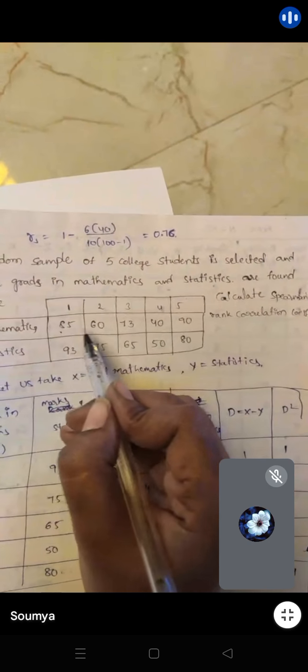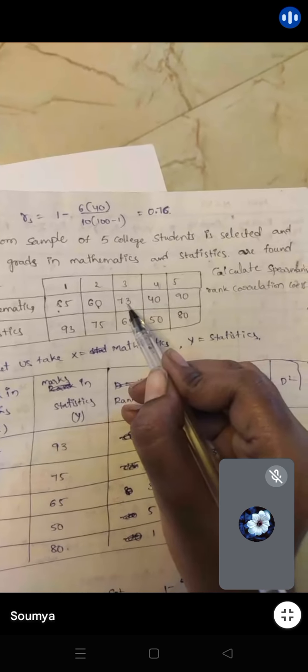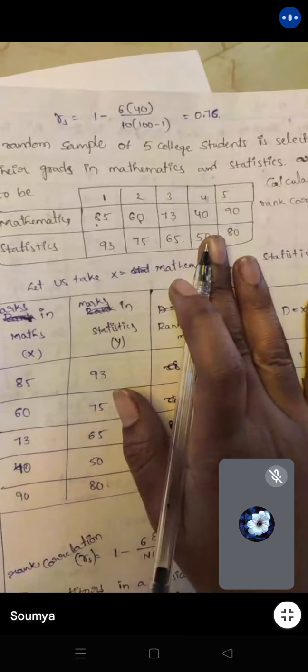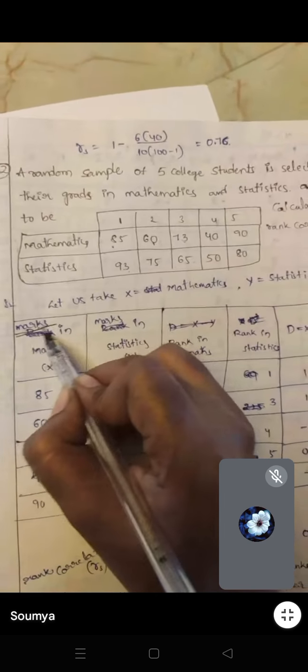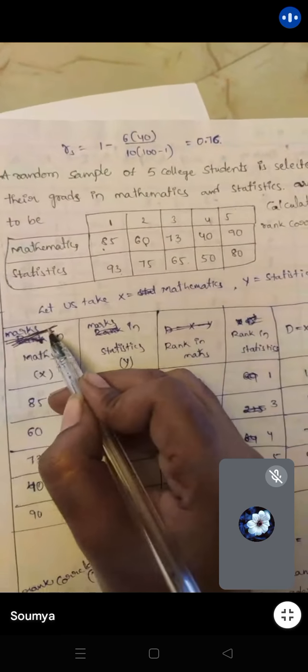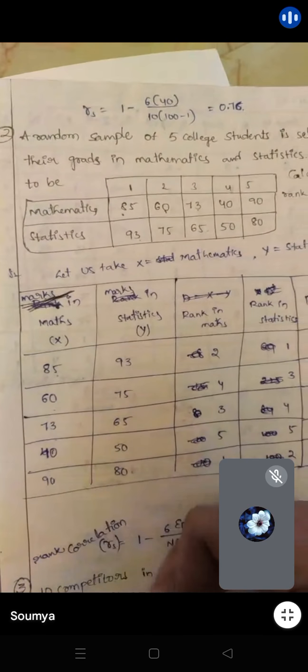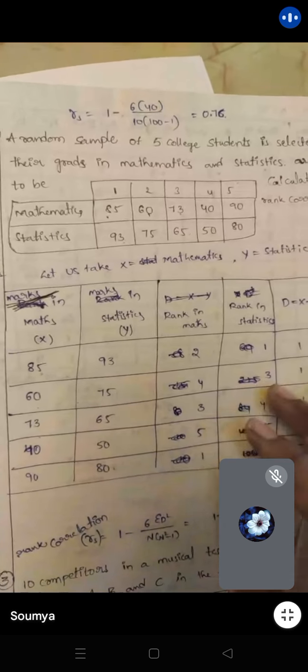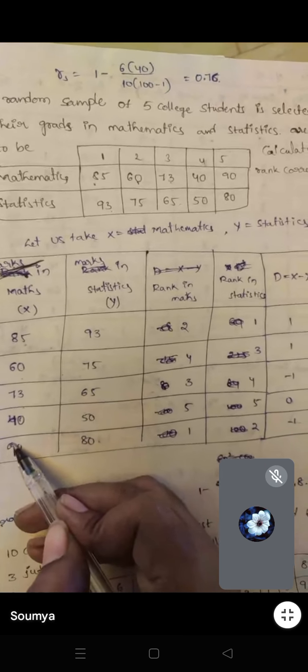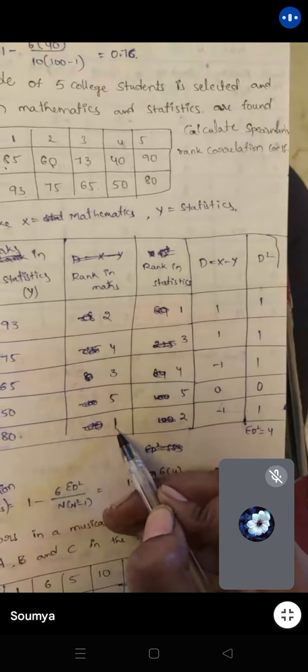But when you have the terms 85, 60, 73, 40, 90, 93, 75, like this, if you have marks, here they gave marks, not ranks, so you have to take the rank. What is the highest rank? 90 is the first one.